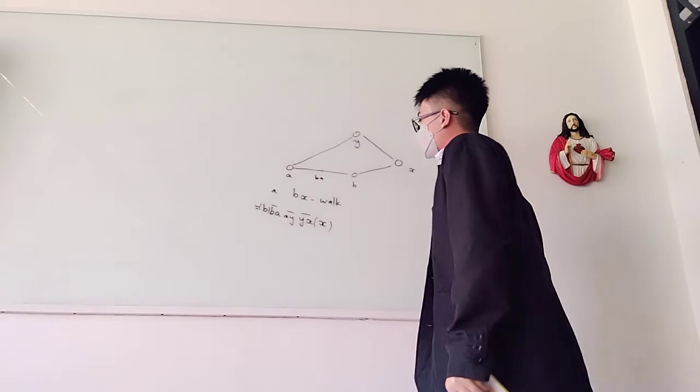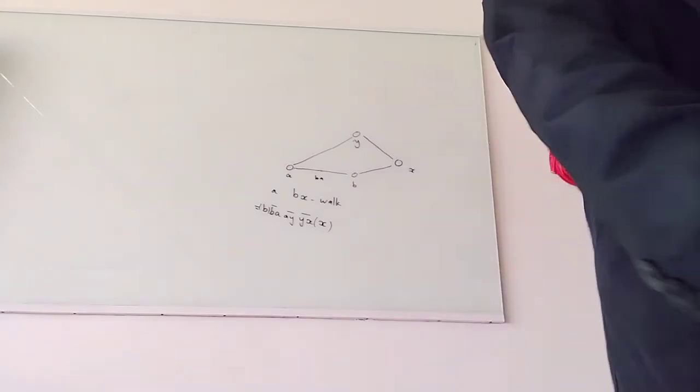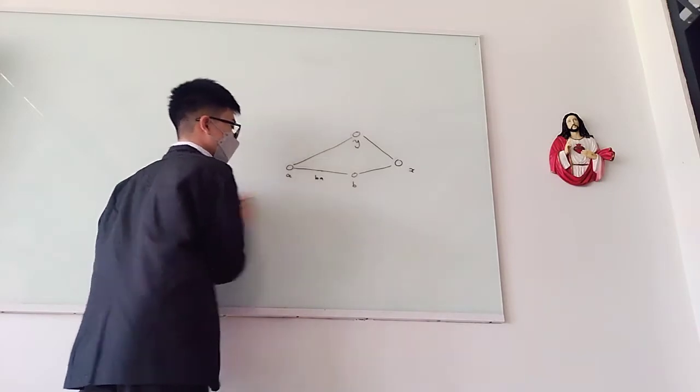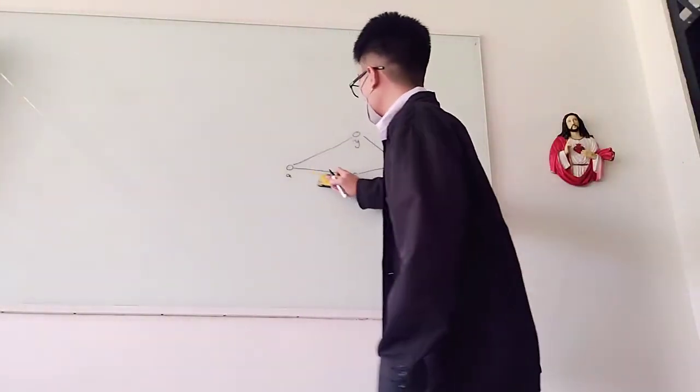Okay, so now we know this walk here, right? It goes onto X here. The thing is, when we do walks here, we can repeat edges normally.